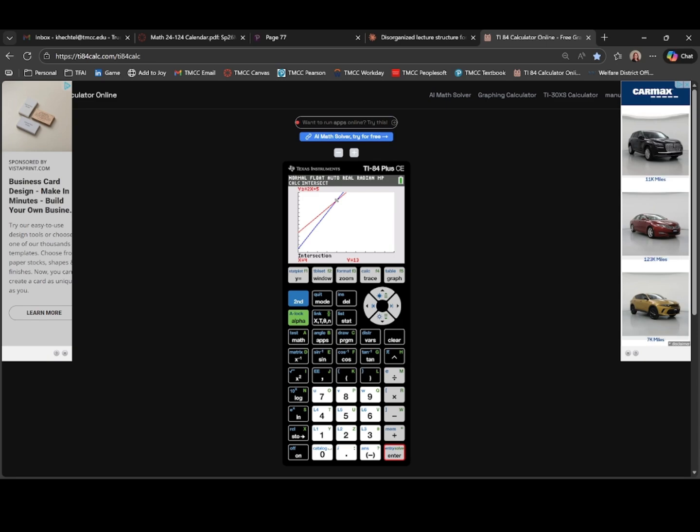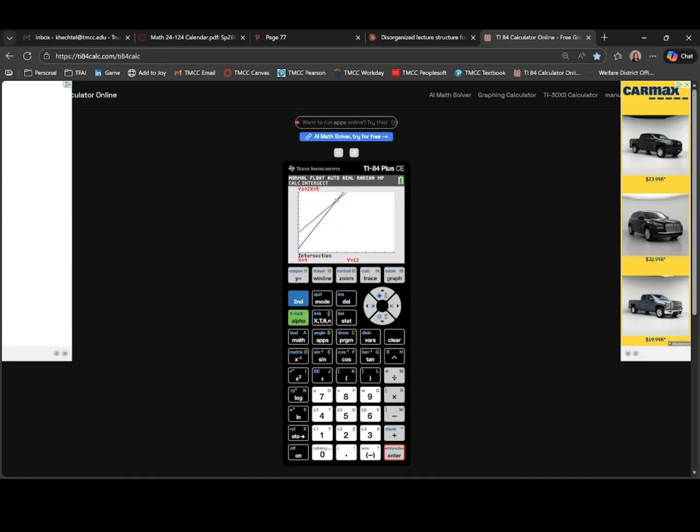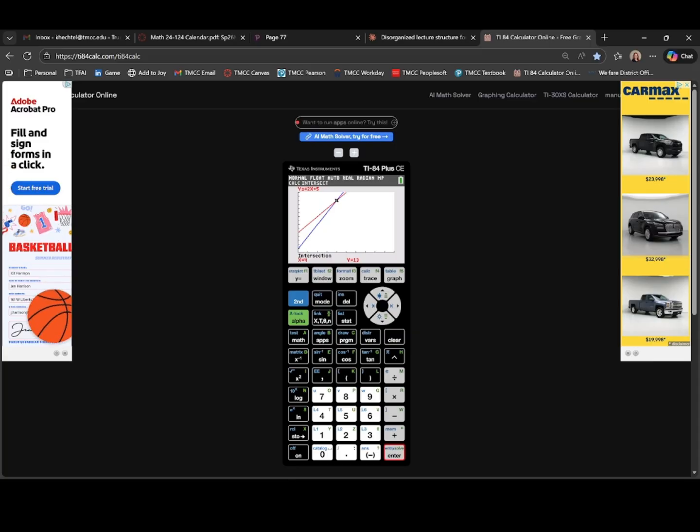So it's up to you. Sometimes it's easier to do it algebraically. Sometimes it's easier to do it graphically, where you just plot the two different sides of the equal sign as lines and see where their intersection is. Now back to the slides.